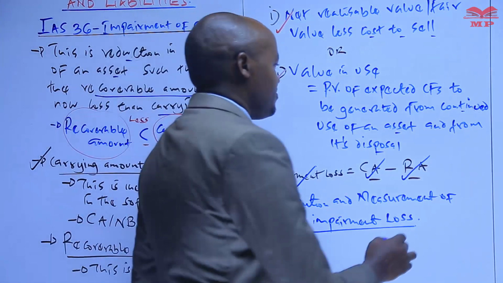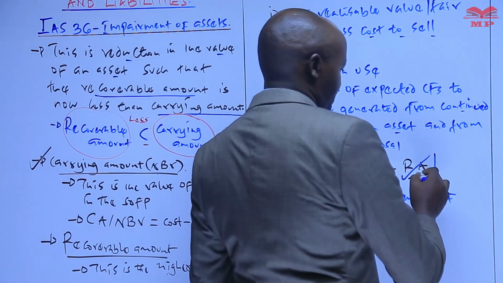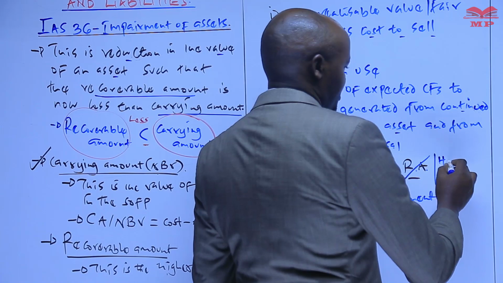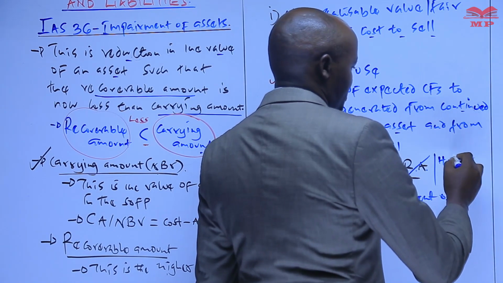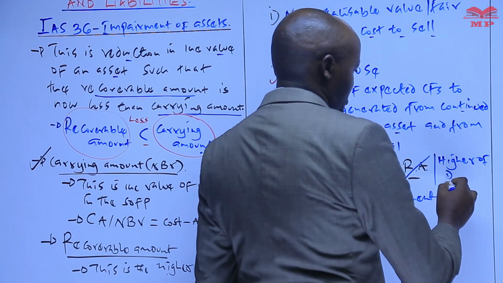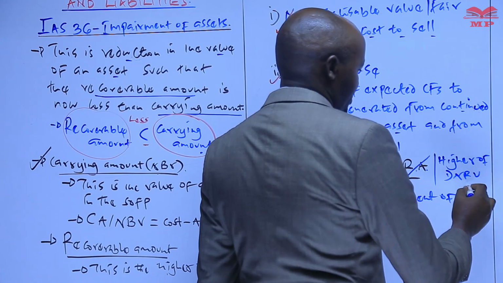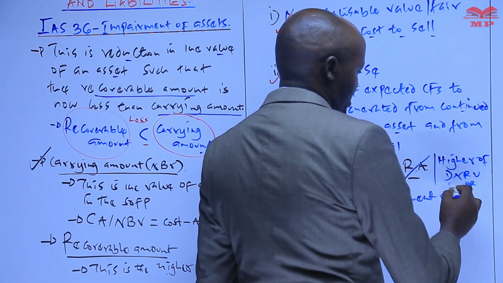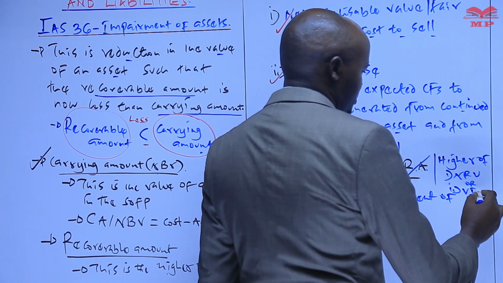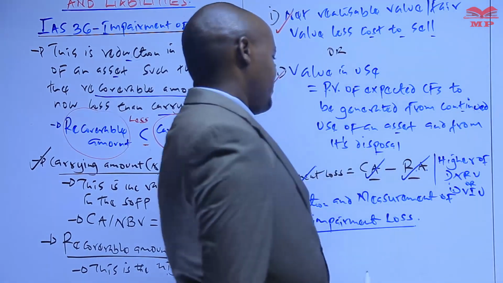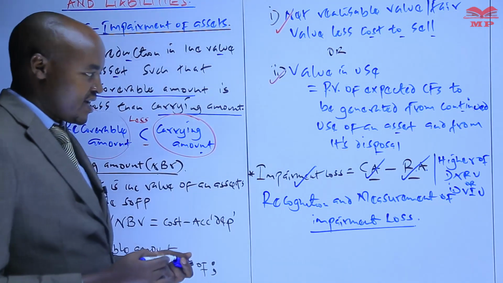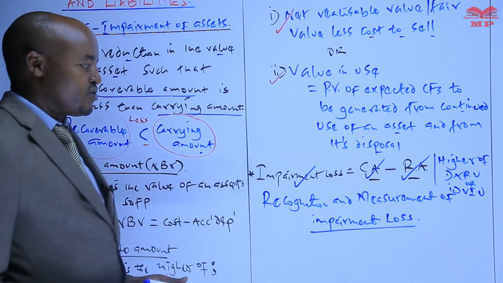But equally, you have to remember here that when we talk about the recoverable amount of an asset, basically we have said that this is always taken to be the higher of two values. Number one, the net realizable value, or number two, the value in use. And the difference between carrying amount and the recoverable amount is the impairment loss.